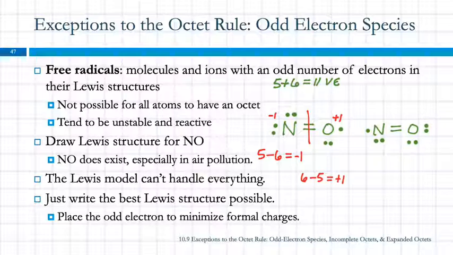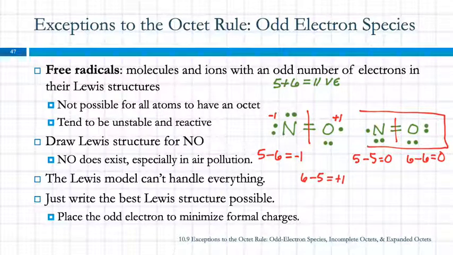So over here, nitrogen brings 5 and leaves with 5. So that's 0. And oxygen brings 6 and leaves with 6, and so that's 0. Oh, well, it doesn't satisfy the octet rule, but this one at least has 0 formal charges. So that's the best Lewis structure for nitrogen monoxide.